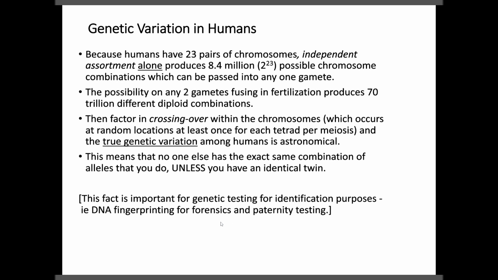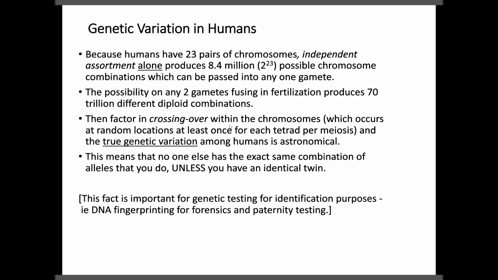So in humans, what this means is that because we have 23 pairs of chromosomes, independent assortment alone produces 8.4 million possible chromosome combinations with regard to maternal and paternal combinations in any one gamete. 8.4 million possible combinations. Then two gametes have to fuse to do a fertilization event, and any two gametes fusing together would have a probability of 8.4 million squared, and that produces 70 trillion combinations of diploid zygotes.